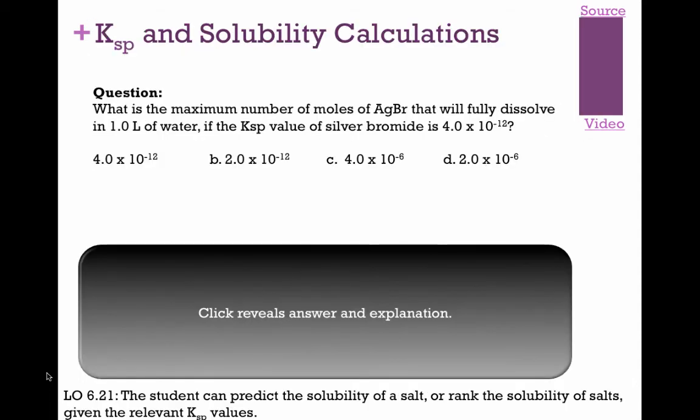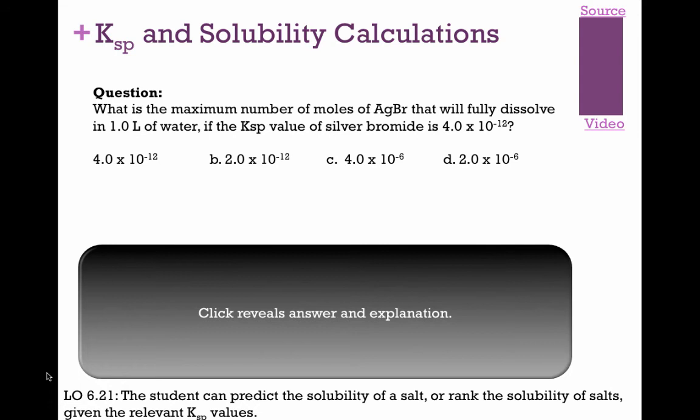Okay, then Ksp. What does the SP stand for? Solubility product. Okay, Ksp is the solubility product constant. Some terms to look for that tell you you're going to deal with Ksp. If it says that a solid is dissolved in water, you're probably going to use Ksp.